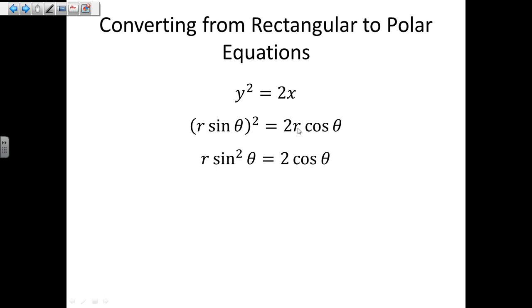Because I had an r here, I divided the whole equation by r. Notice that this r is gone. Now I could move the cosine theta over by dividing it over. I could change it to r tangent theta times sine theta. Maybe that'd be preferable, because then I don't have a sine squared over here and a cosine theta over here.